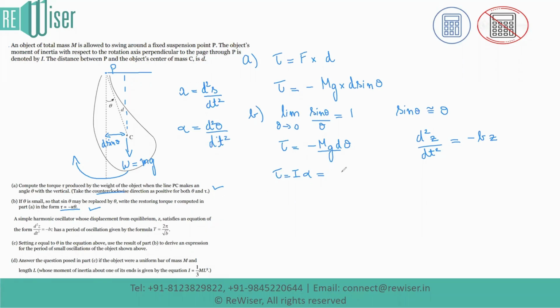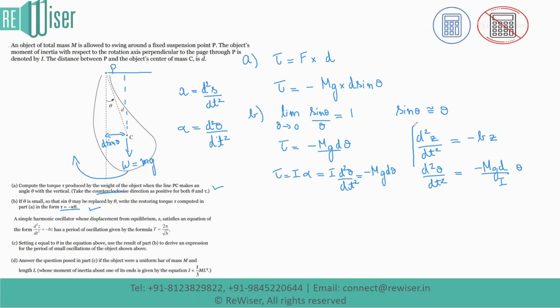So substituting that, I get tau equals I alpha, which is I into d square theta by dt square, equal to minus mgd theta. Bringing it to the form required here, I get d square theta by dt square is nothing but minus mgd divided by the moment of inertia I, times theta.